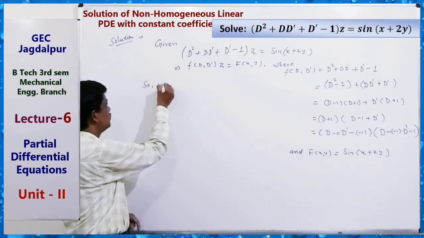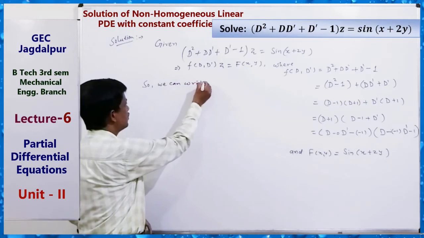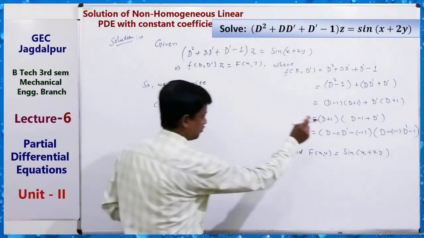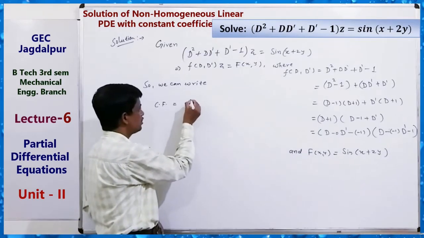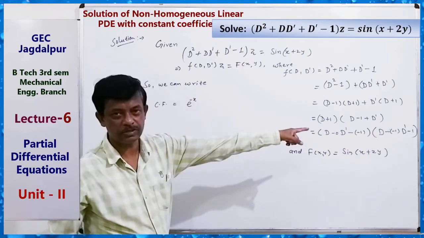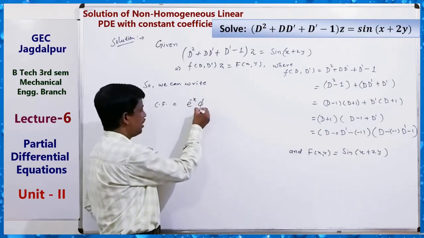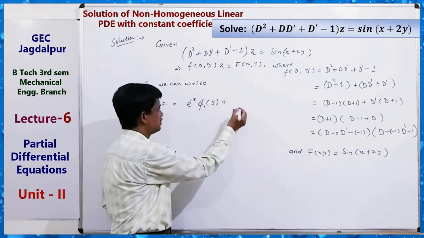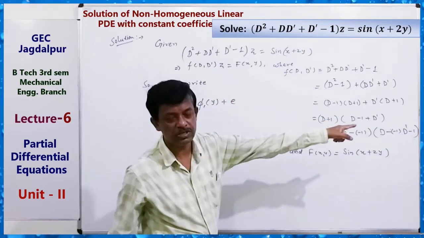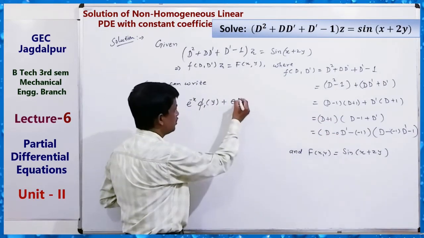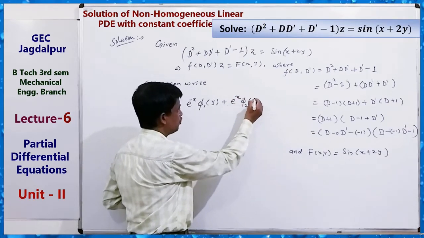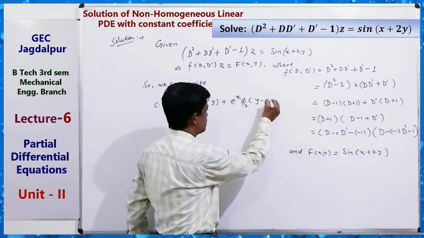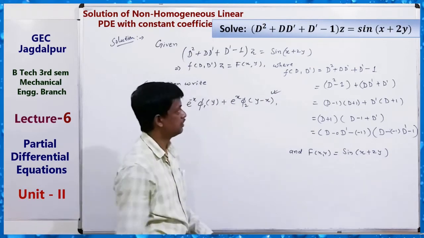So we can write the CF as e^(−x) φ1(y + mx), with m equal to 0, so φ1(y), plus e^(x) φ2(y + mx), with m equal to −1, so φ2(y − x). This is the CF.